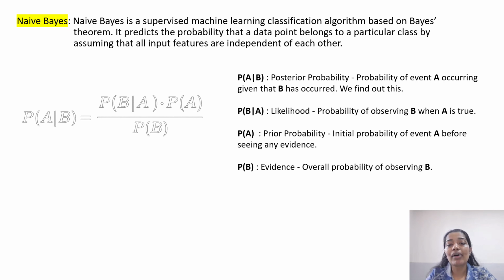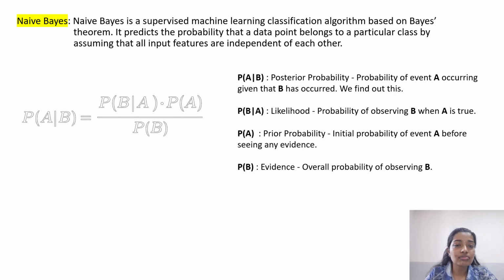Then we have B by A, that we call likelihood. Likelihood is the probability of a B event. So there are two different events. The probability of occurring of B when already one event is true, that is likelihood.